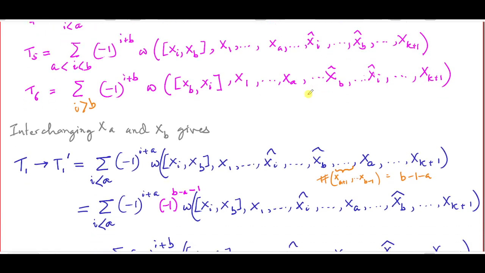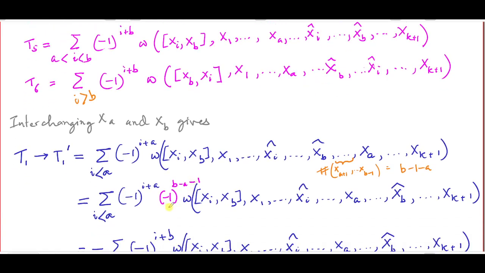So if you do that, you are going to get an extra factor, minus 1 to the power b minus a minus 1, simply because you are making b minus a minus 1 interchanges. That ultimately leads you to an expression like this, where you can see that this is exactly what you have in T4.